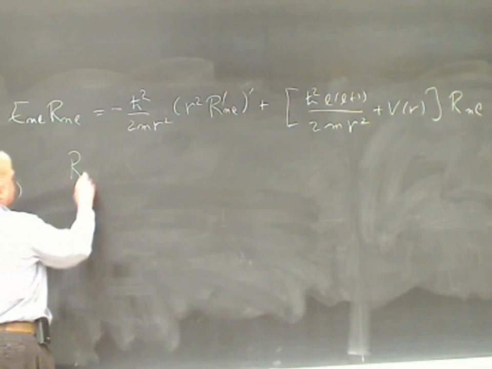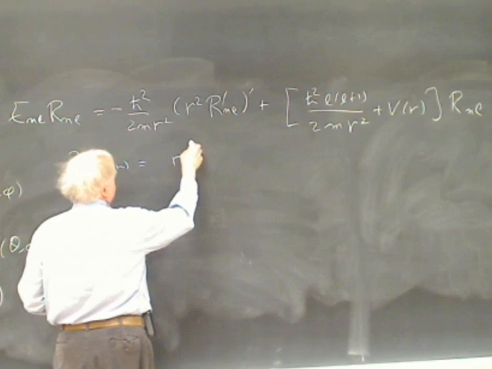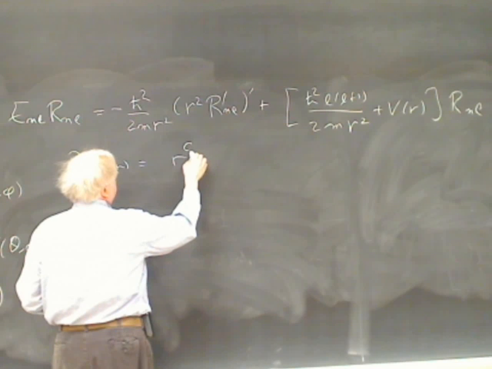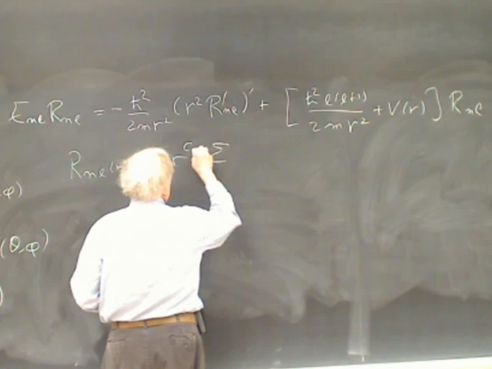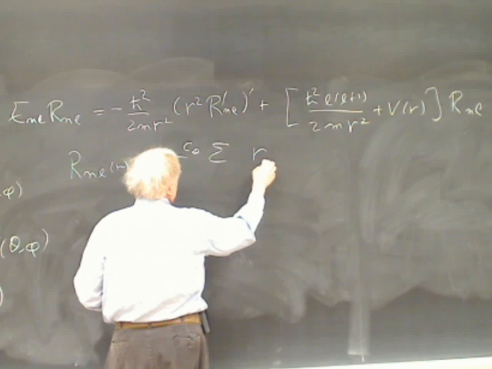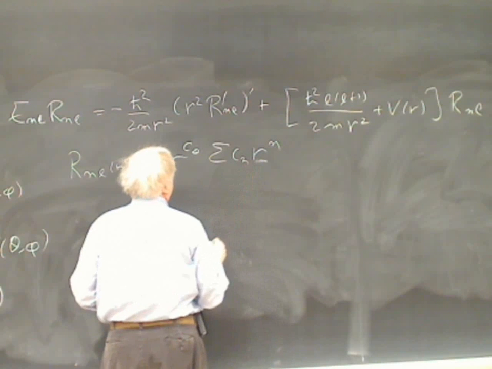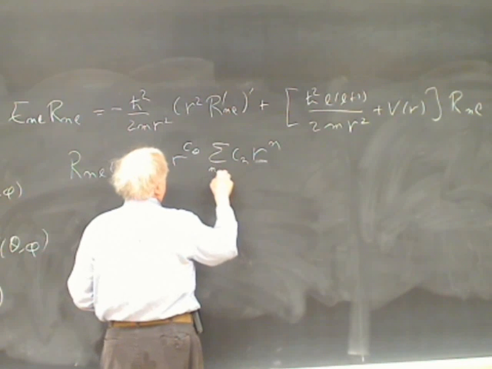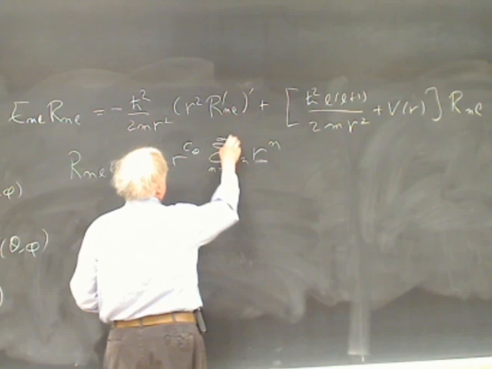So we can basically say R_nl of r is some r to the s, C0, and then a sum of r to the n, C_n, n equals zero.